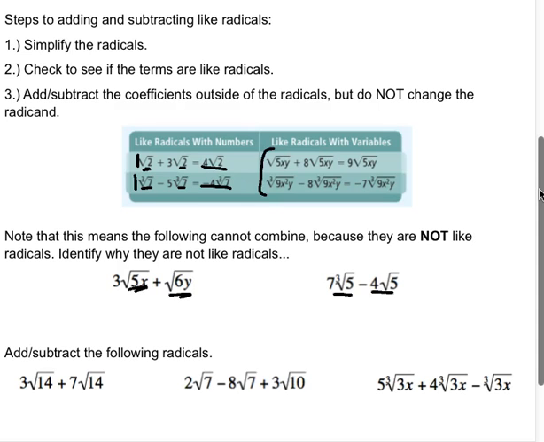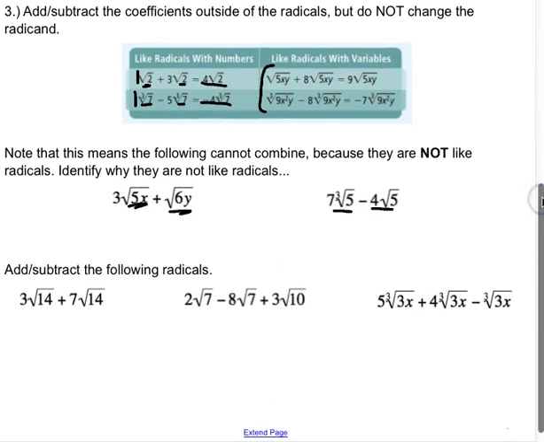All right. So let's take a look at these quick examples. 3 square roots of 14 plus 7 square roots of 14. Well, same index, same number inside the radical, both are 14. So I can just take 3 plus 7. It means I have 10 of them.